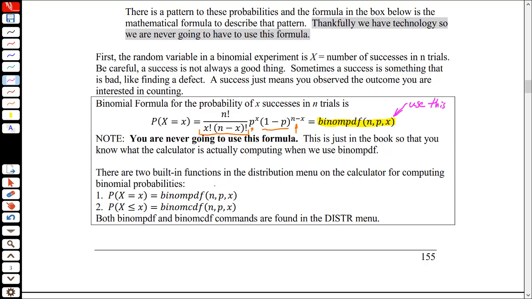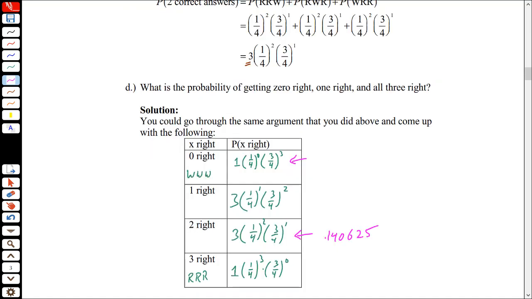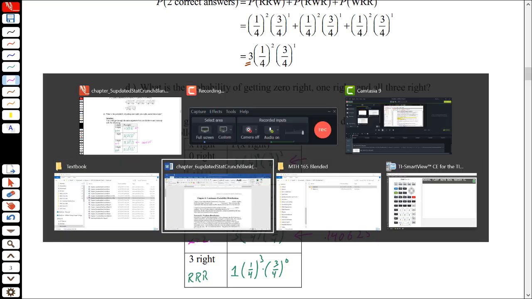The Binomial PDF, in order to compute something, needs to know what n is. Our experiment here, the number of trials, n, was equal to 3, because we were looking at 3 multiple choice questions. p is the probability of success. Remember here that that was 0.25. And if I want to look at the probability of getting 2 right, I can think about x being equal to 2.